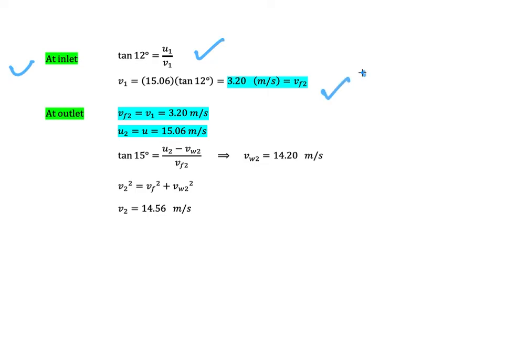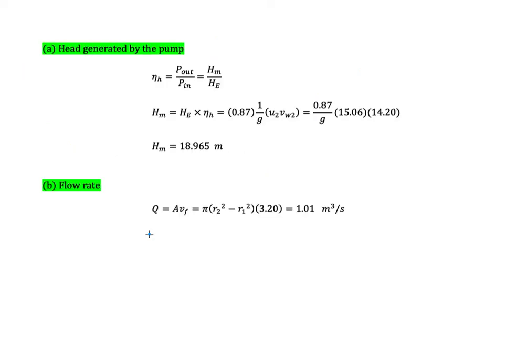And then at outlet here, by using the angle here, we could calculate the V2 is equal 14.2 meter per second. So and then the actual velocity here can be calculated as 14.5 meter per second.